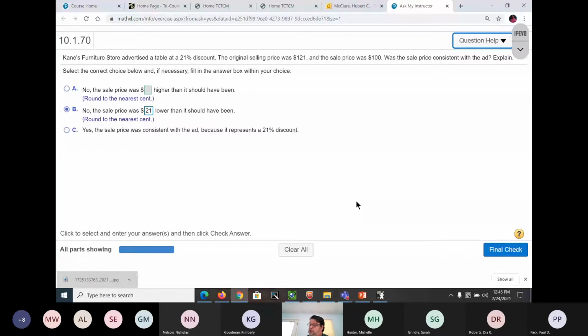Negative 0.21 is equal to X minus 121 over 121. Multiply both sides by 121.